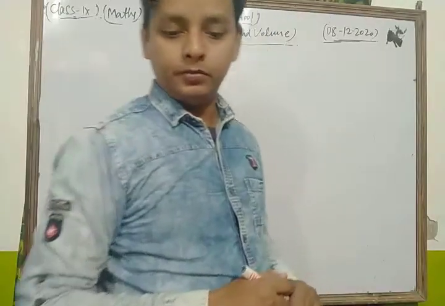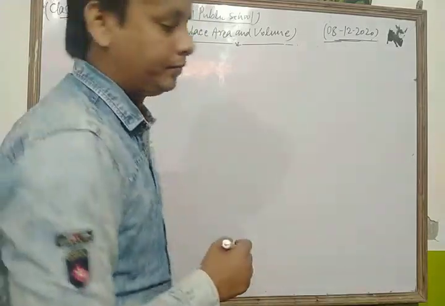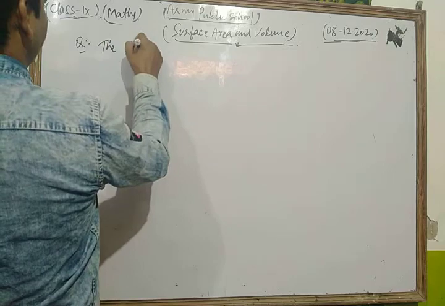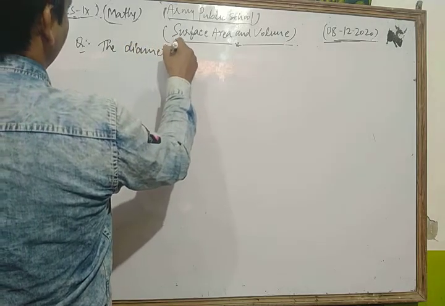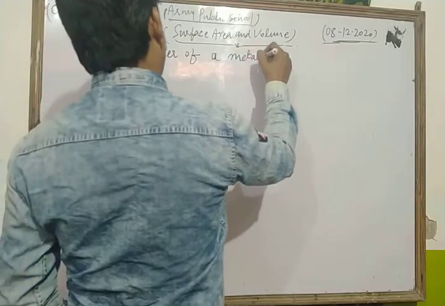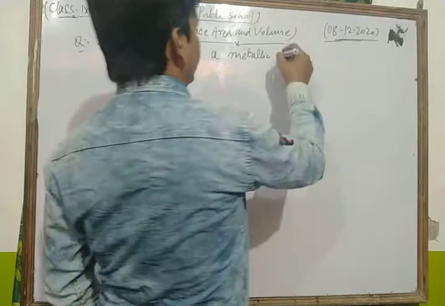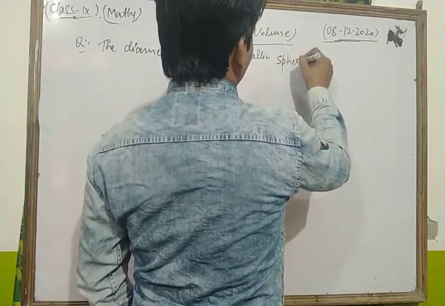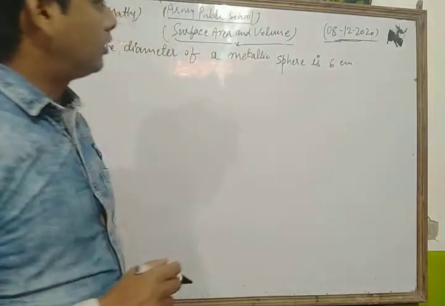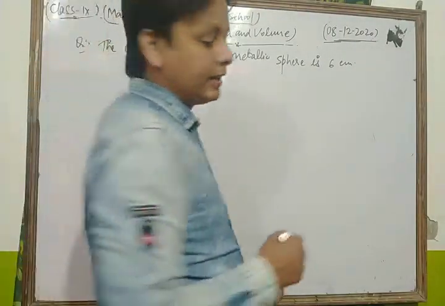We take a question. Let's see. The diameter of a metallic sphere is 6 centimeter.